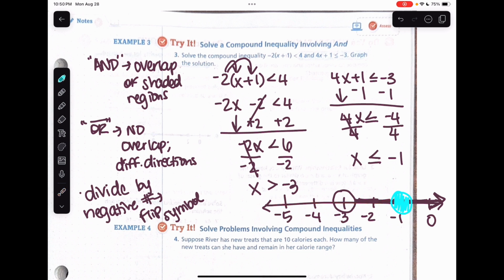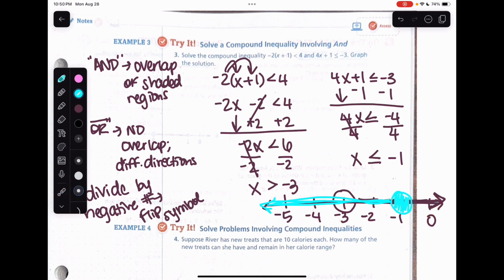Okay? So when I do that, I'm going to see I have an overlapping section, right? I have this section here that is now overlapped. It has both this really dark purple and that light blue. Since I have these two sections, that's actually where my solution lies. So my solution is between those two numbers, negative 3 and negative 1.